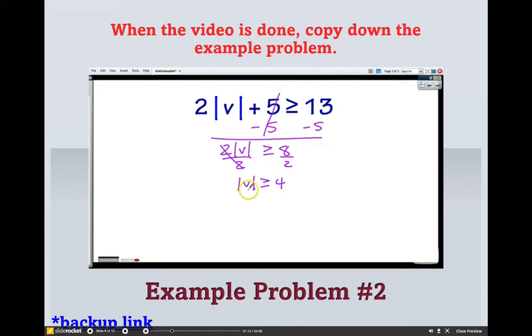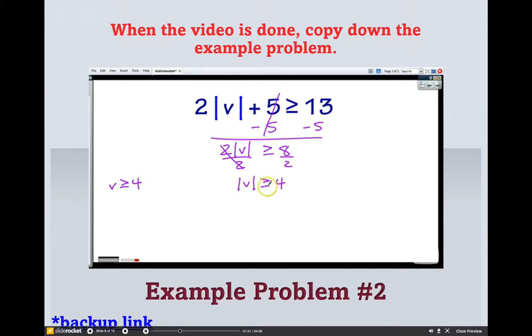Well, you could have v being anything bigger than 4, so 5, 10, 100, or we get really close to 4. We could do 4.1, 4.5. But anything greater than or equal to 4, and in that case the equal part, 4 itself, could work too. So when considering positive numbers, we could say that v can be anything greater than or equal to 4.